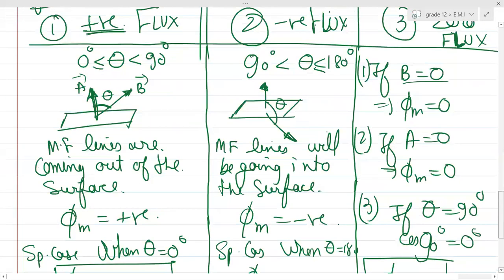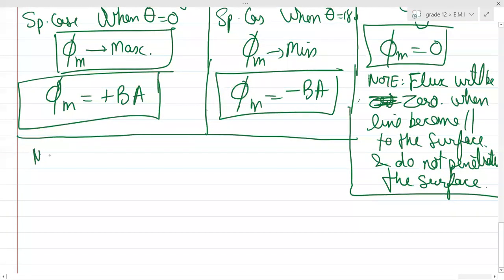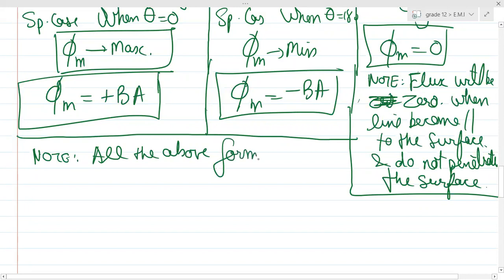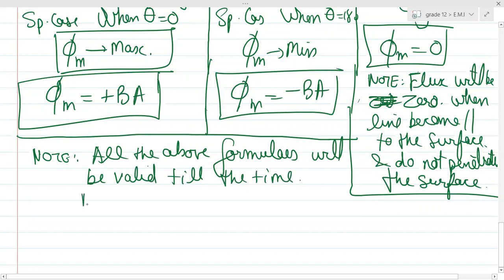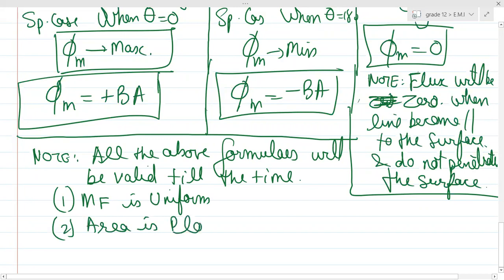So this is your electric flux. Note, all the above formulas will be valid till the time the magnetic field is uniform and the area is plane.